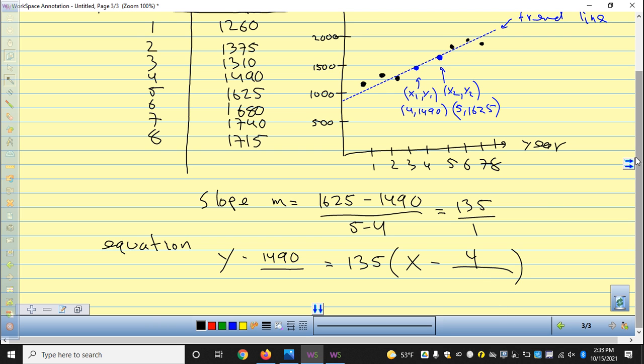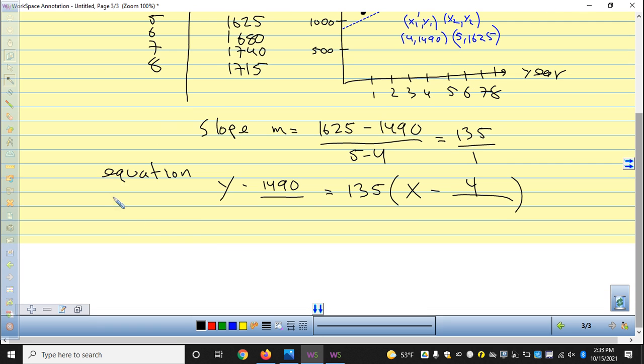And there is my equation for the trend line. Yes, this is a minus: y minus and x minus. So now we have an equation of our trend line.